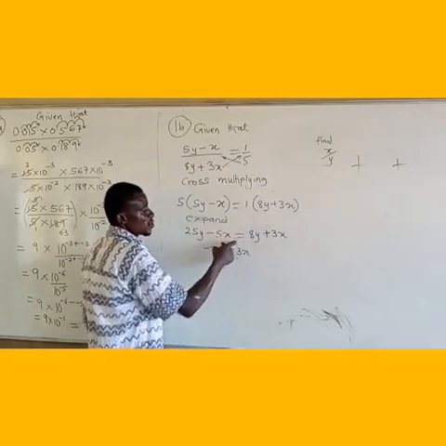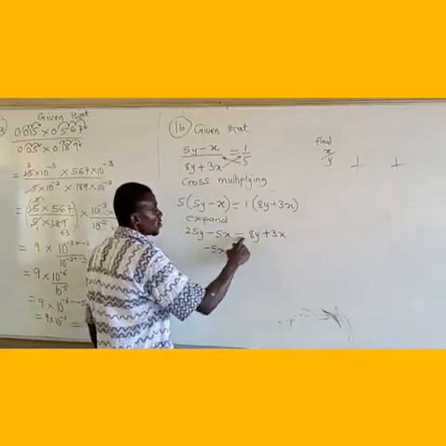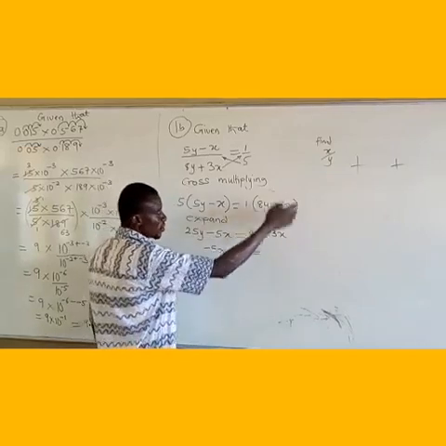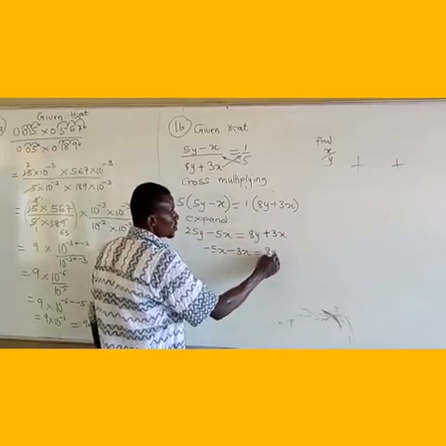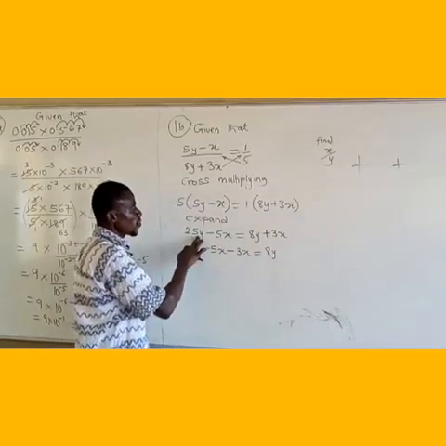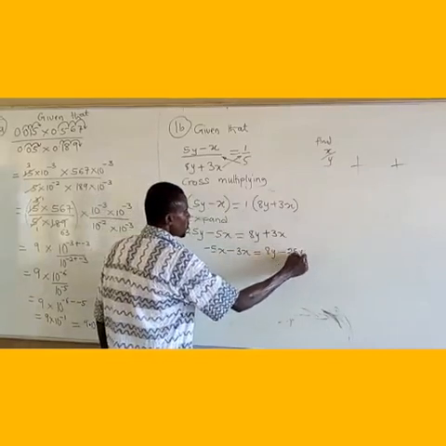It's positive when it crosses the equal sign to become negative. And then equals to. Now 8y is already on the right hand side of the equal sign, so we repeat it as it is, positive 8y. Then move the 25y to the other side, so it will be minus 25y.